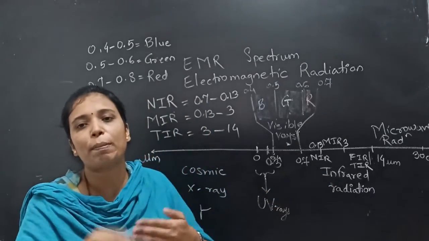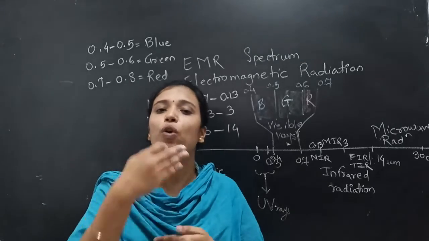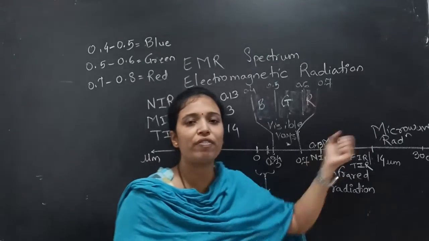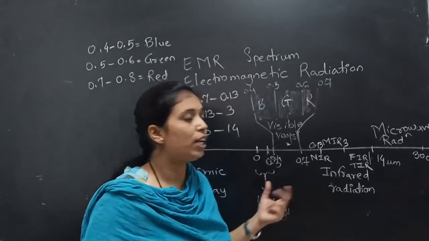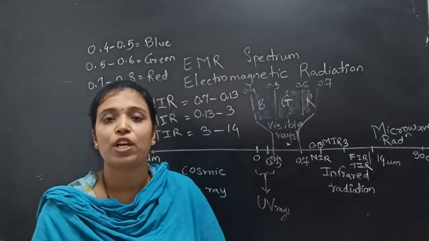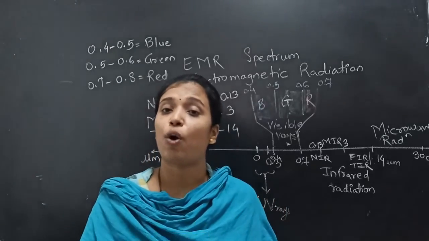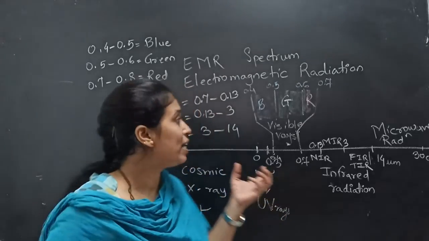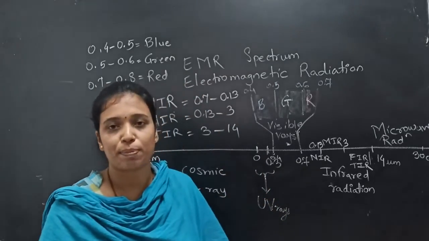And when the spectral bands started and more technologies were introduced, then microwave radiations were used in remote sensing. So today we have studied the components of remote sensing, and second, the electromagnetic spectrum.